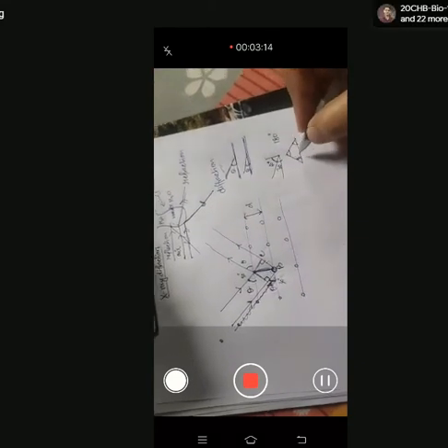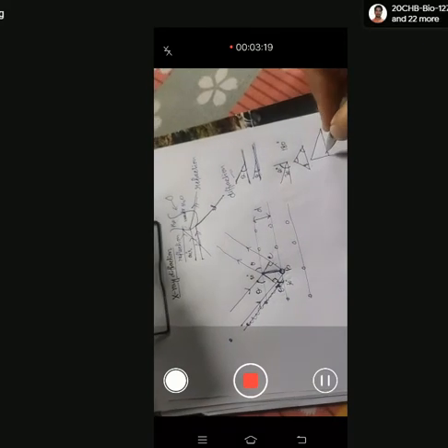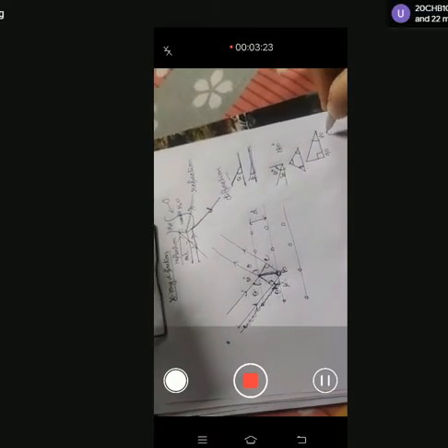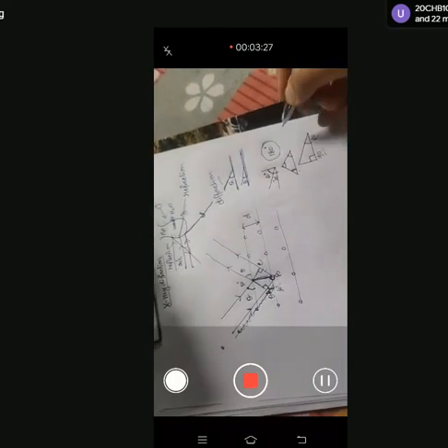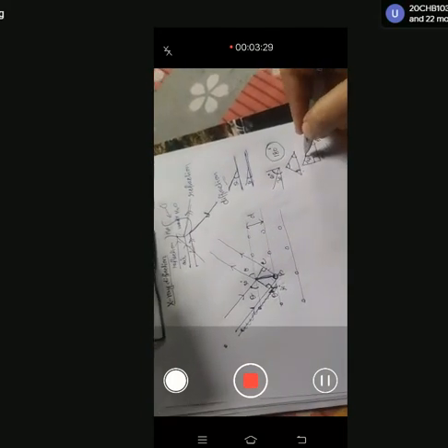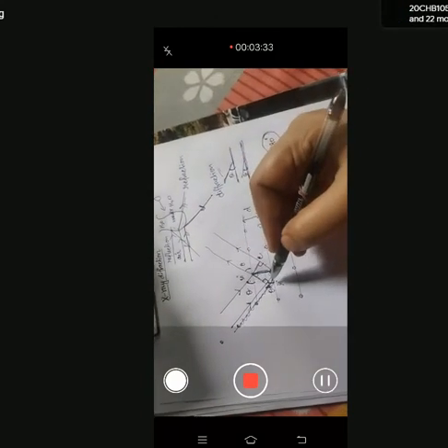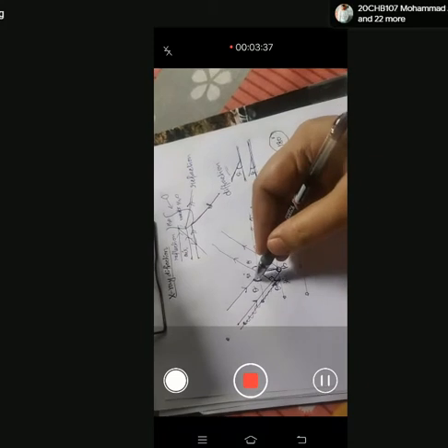If one angle is 90 and another is 60, 90 plus 60 is 150. So if the total is 180, obviously this will be 30. So this angle is 30, and you see this is 30, this is 30, so we can say theta, theta, and this is also theta.